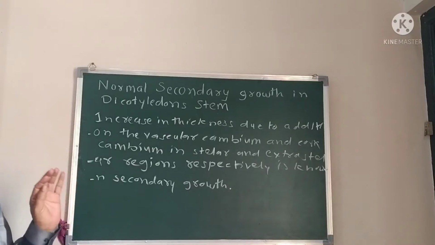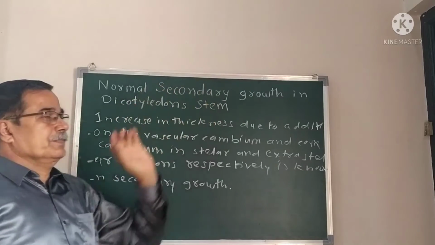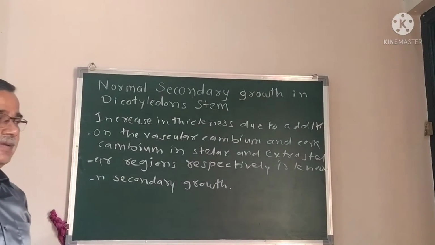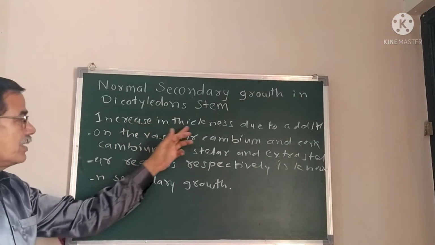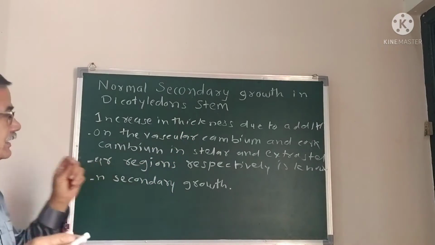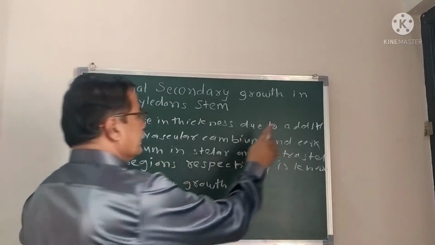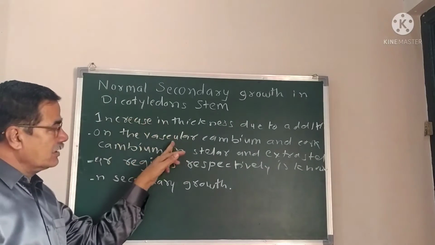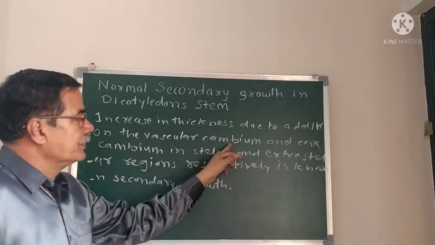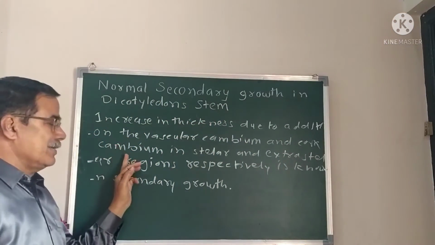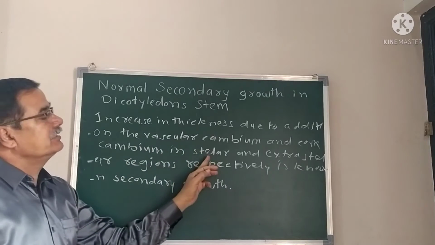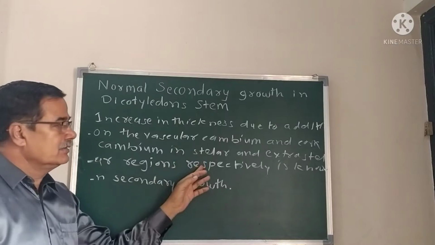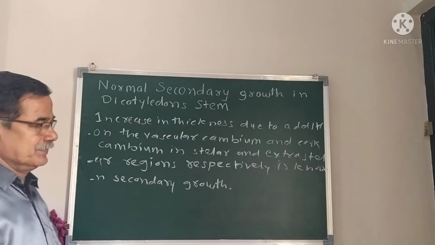See here the definition of secondary growth. As the plant's demand goes on increasing, it develops many branches, and the girth, diameter, size or thickness goes on increasing due to the addition of new tissues by the vascular cambium and cork cambium in the stellar and extrastellar regions respectively. This is known as secondary growth.